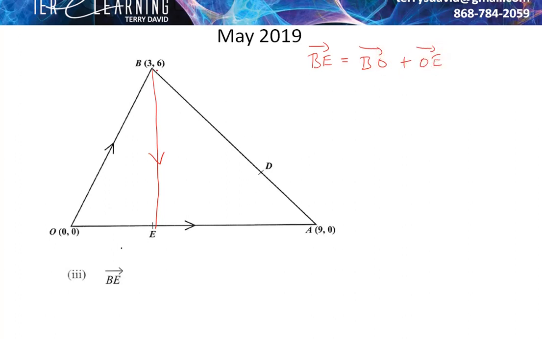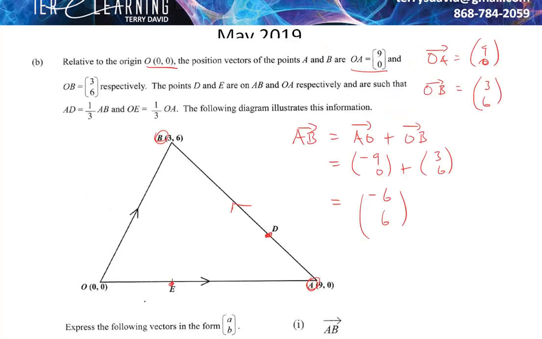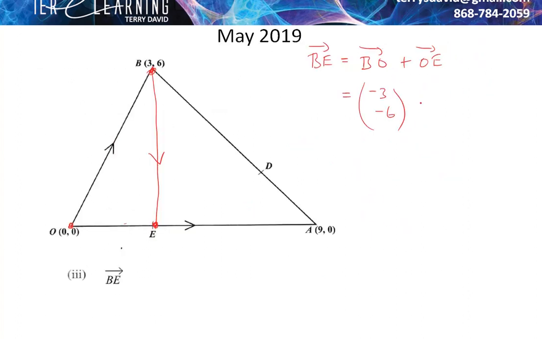You're going to go from B to E, so I can go from B to O and then O to E. What is BO? BO is simply the reverse direction of whatever OB was. OB I think was 3, 6, so BO will be minus 3, minus 6. Let me just double check down there. Yeah, that's correct. Plus OE.